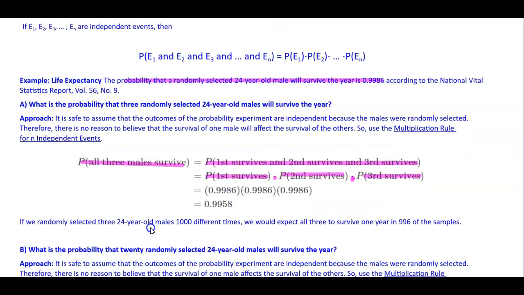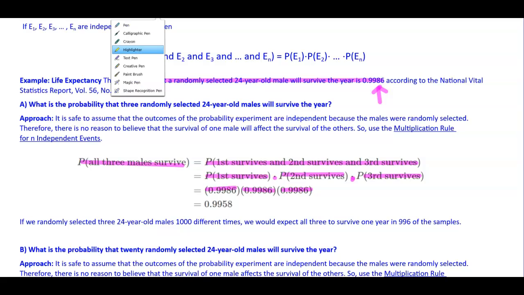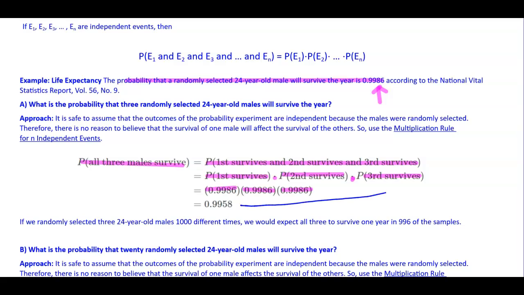So we take the probability that we have given in the problem, which is 0.9986, and multiply all 3 of them together to give us the result, which is 0.9958. If we round this to 3 decimal places, we get 0.996.